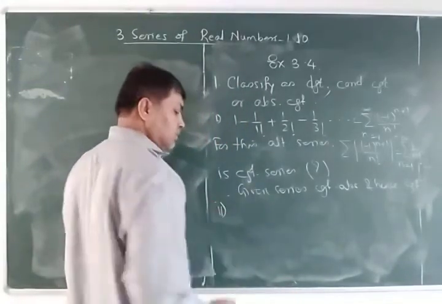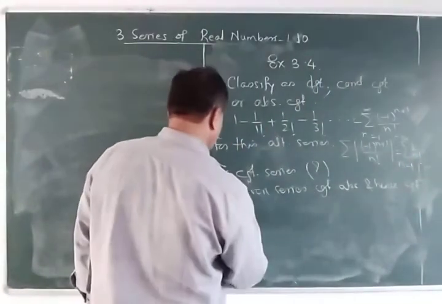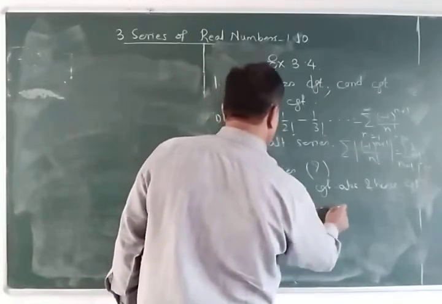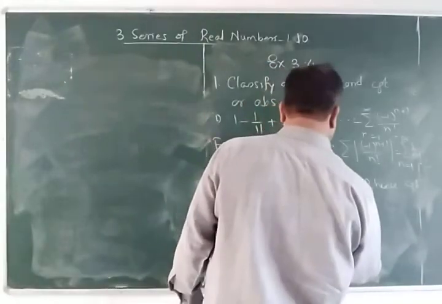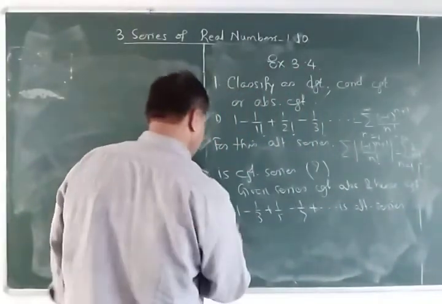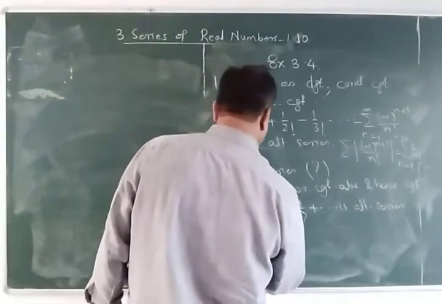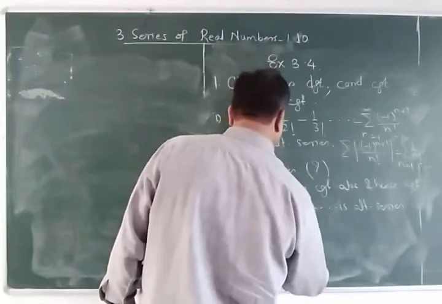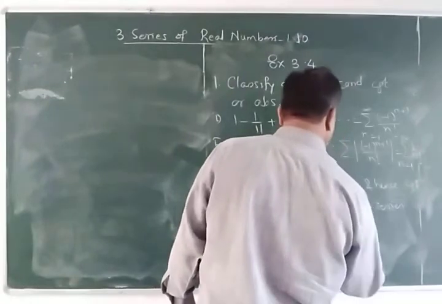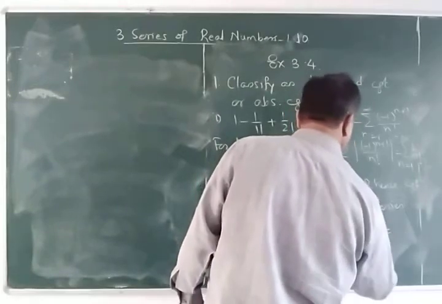Second, 1 minus 1 by 3 plus 1 by 5 minus 1 by 7 plus and so on is an alternating series such that 1 is greater than 1 by 3, greater than 1 by 5, and so on, and limit n tends to infinity of 1 upon 2n minus 1 is equal to 0.